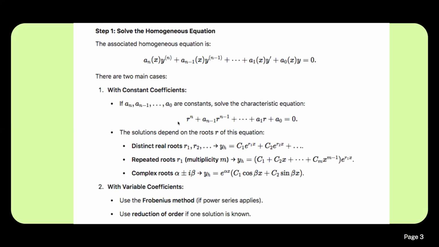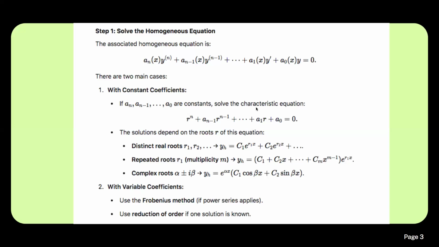Okay, if all the coefficients a_(n-1), down to a_0 are constant, then we can solve the characteristic equation of this homogeneous equation.